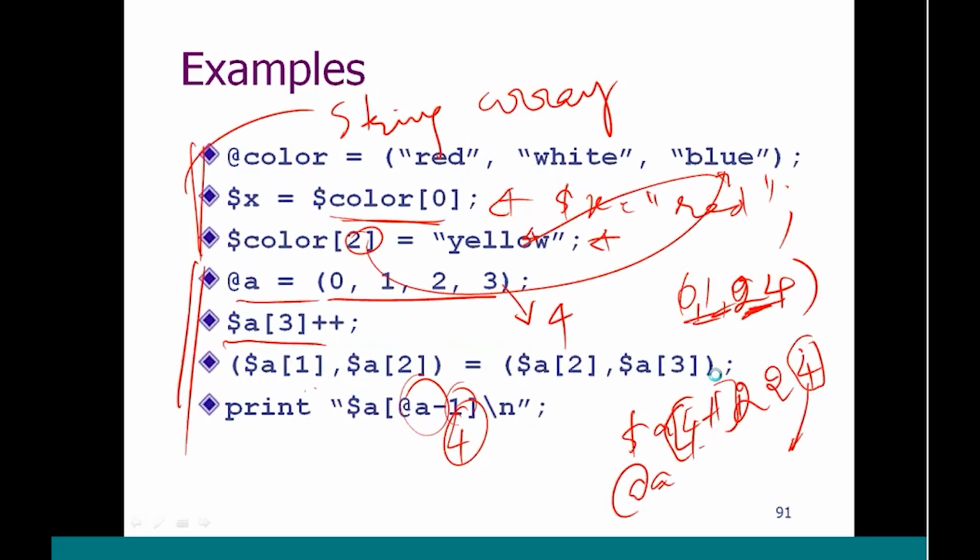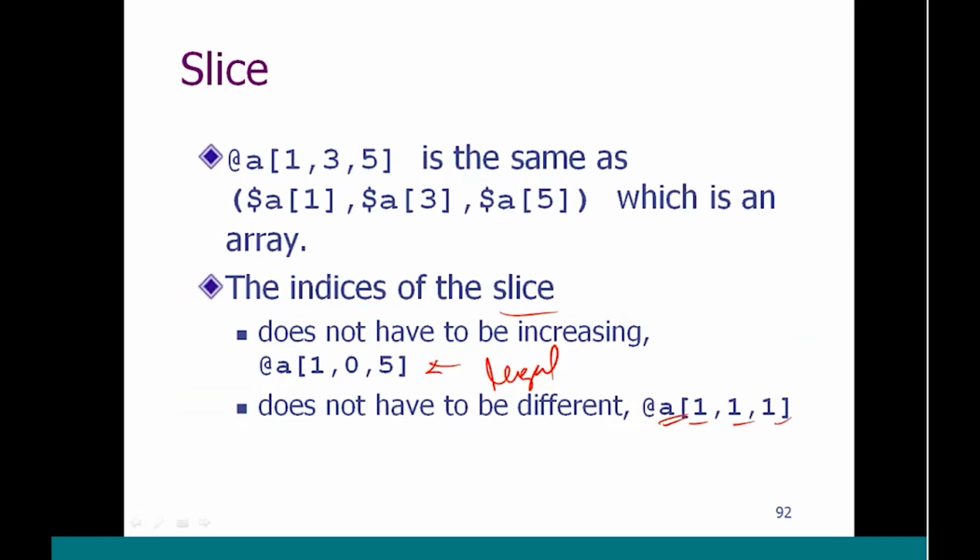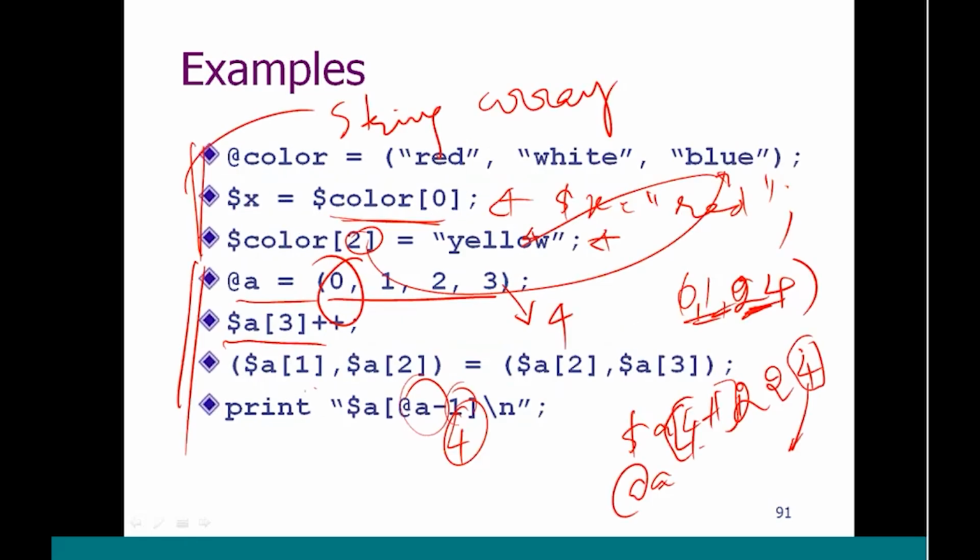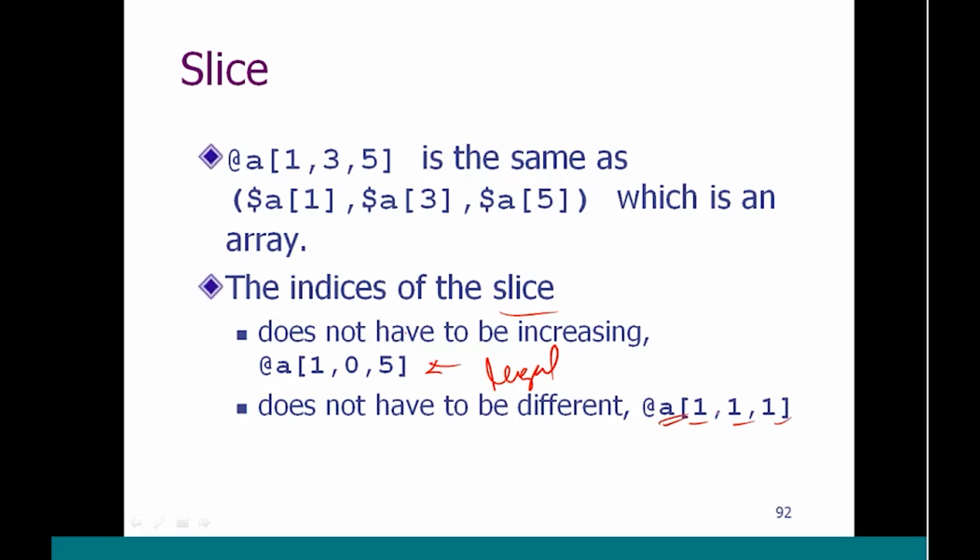So this is the 0th element, this is the first element, so it will print just 1, 1, 1.